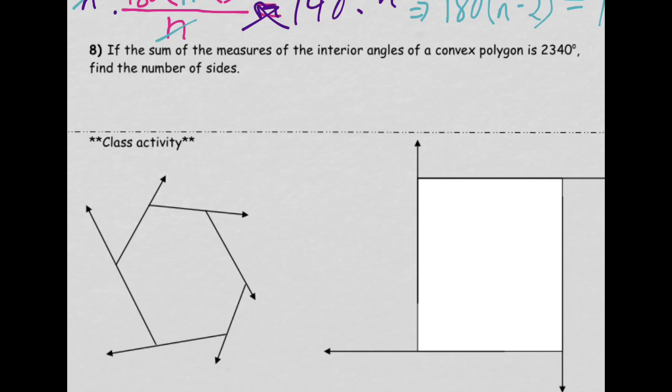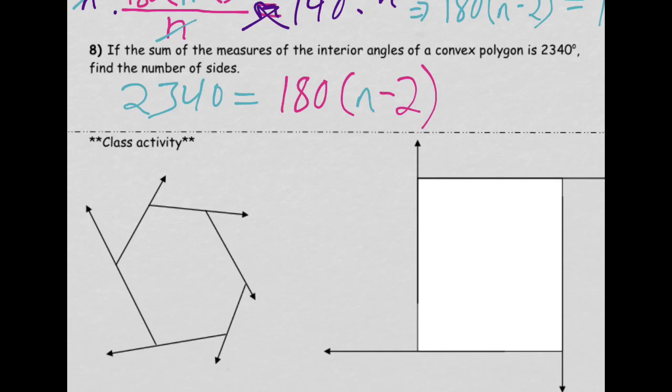I've got my 2,340, and that's the sum of all my interior angles. So just to get that out of the way, I'm going to write 2,340 equals. I remember that the sum of all my interior angles is 180 times the number of sides minus 2, and then I can just solve for that.